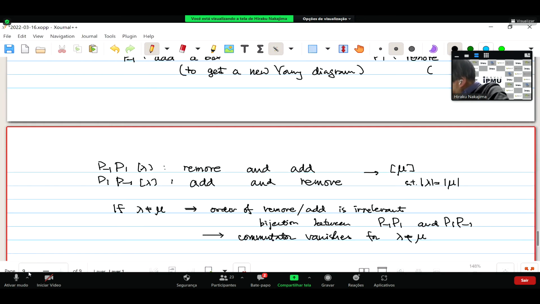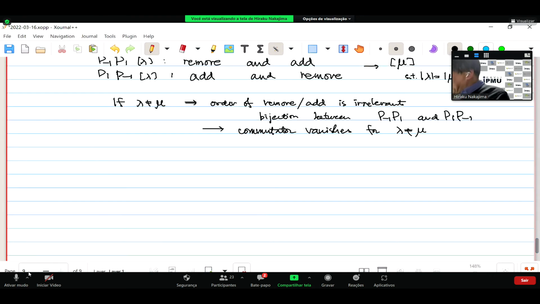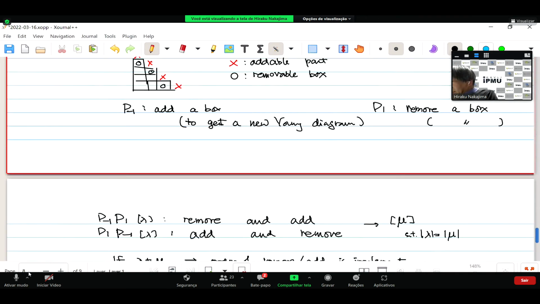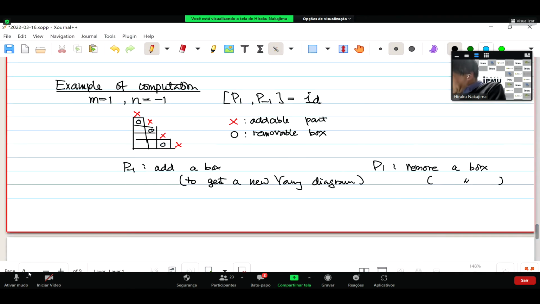So I'm computing the matrix element for lambda and mu, and if lambda and mu are different, then this matrix element vanishes. But if lambda is equal to mu, then you add one box and then remove the same box. That means that you return back to the same diagram. But then you compare the number of possibilities for adding and removal of boxes, and as I said, the difference is always 1.